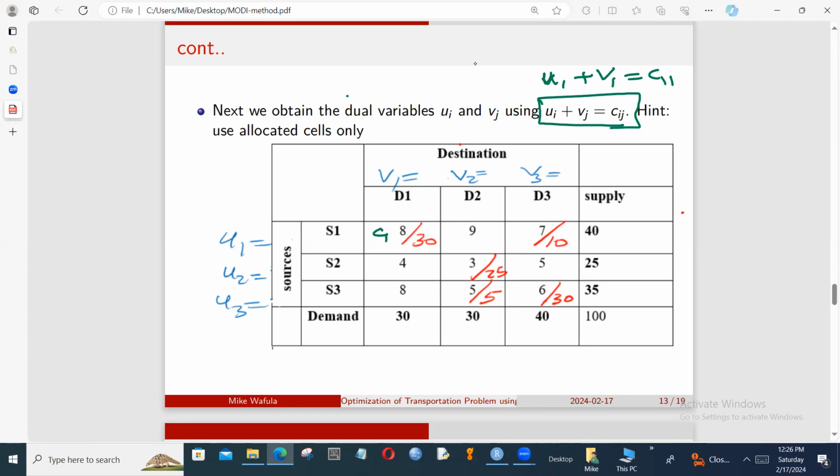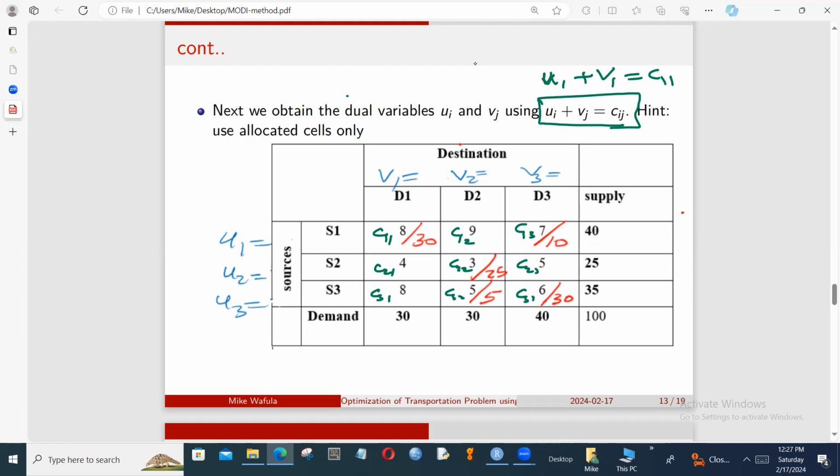And remember, C11 here is 8. C12 here is 9. C13 here is 7. C21 here is 4. C22 here is 3. C23 here is 5. C31 is 8. C32 is 5. C33 is 6.